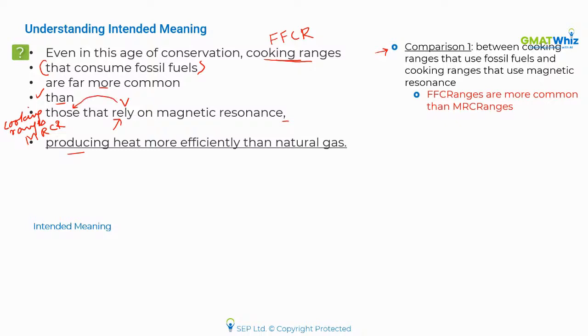So we are saying that magnetic resonance cooking ranges rely on magnetic resonance, comma, and then we have this whole thing, producing heat more efficiently than natural gas.